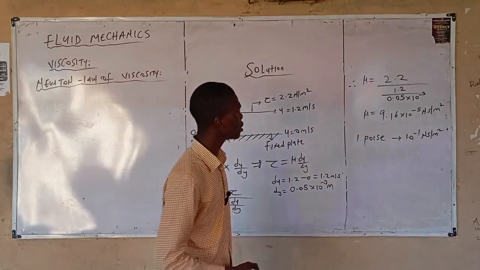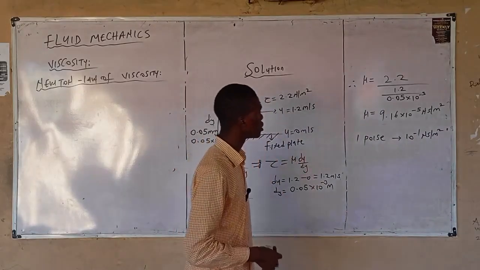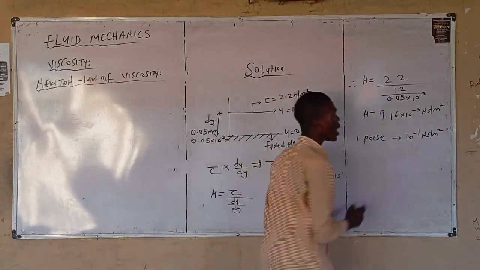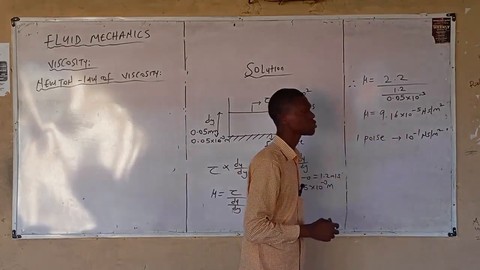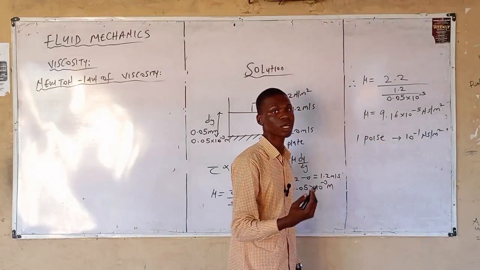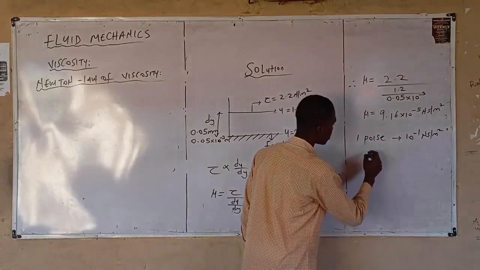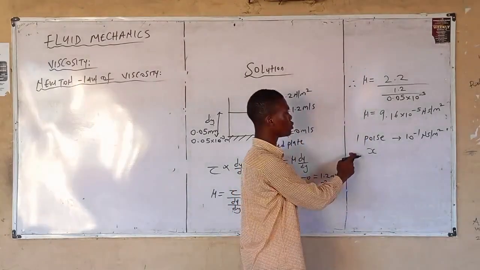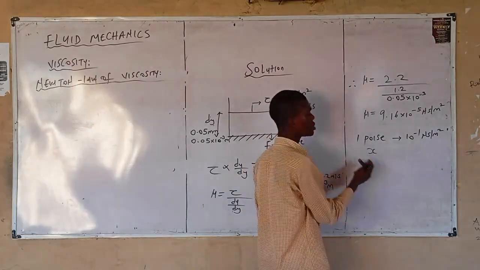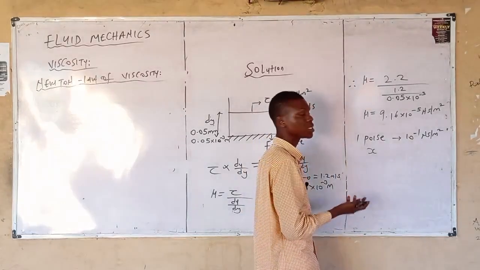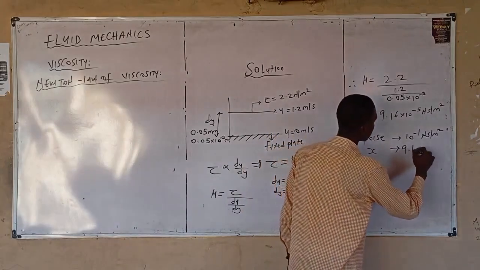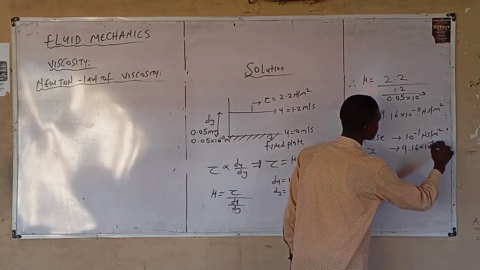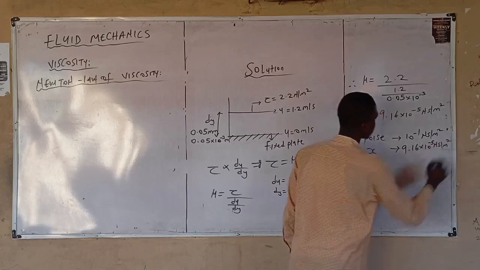Then from here, do your proportional evaluation. If one poise is this, how many poise will be 9.16 times 10 raised to the power minus 5 Newton second per meter square? Now put x here. This is the unknown. X poise, we don't know the value of x, so you are saying x poise is equal to 9.16 times 10 raised to the power minus 5 Newton seconds per meter square.